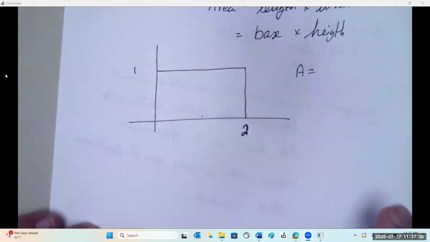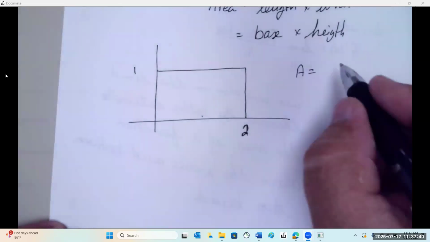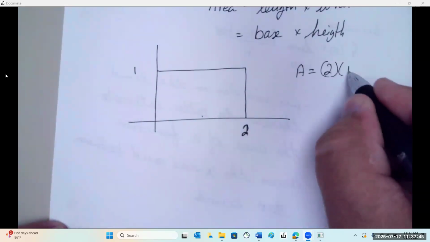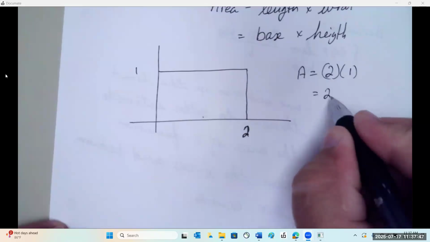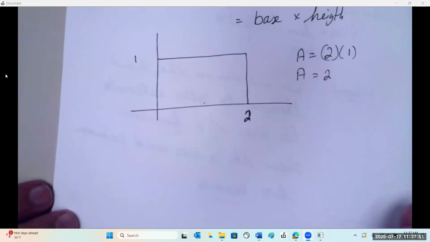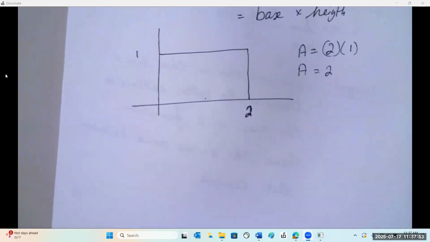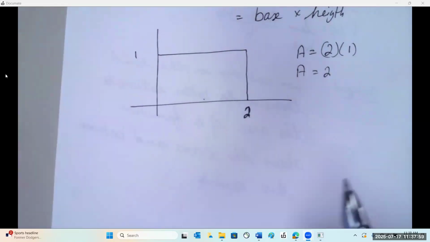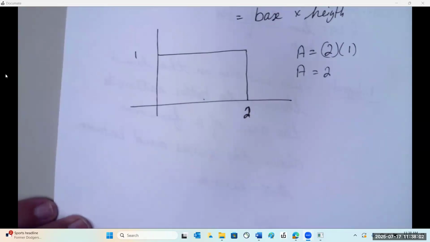How would you calculate the area of this rectangle? The base is 2 and the height is 1. So we know that the area is 2. But we're going to use the same concept now, but with more uneven functions. Because this one's pretty straightforward since it's a constant rate of change and everything.